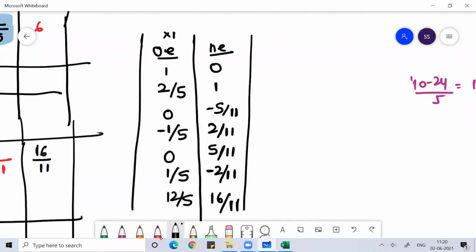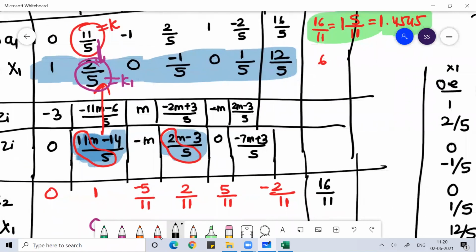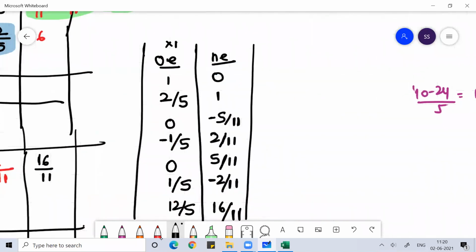And the constant we use here is 2 by 5. So, old element minus 2 by 5 of new element.